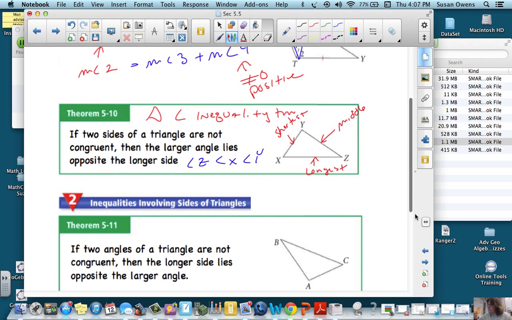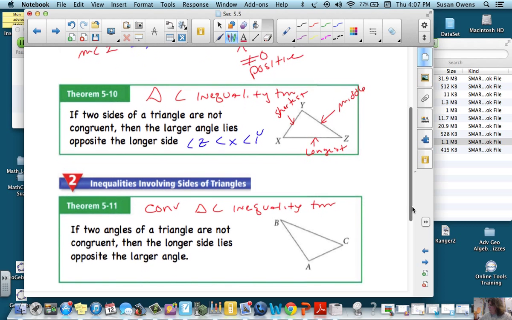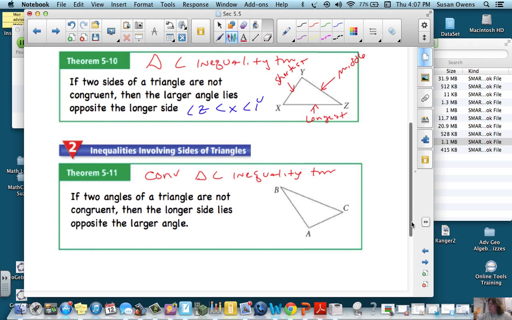And this one has a converse, so this is the converse of the triangle angle inequality theorem. It says that if two angles of a triangle are not congruent, then the longer side lies opposite the larger angle. So if I label the angles, this is the smallest, and this is the middle, and this is the largest.